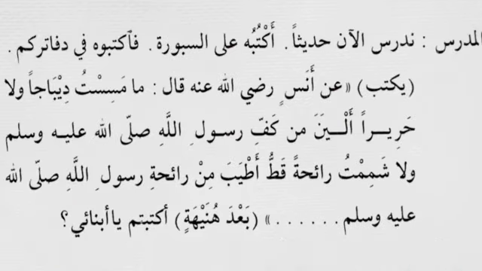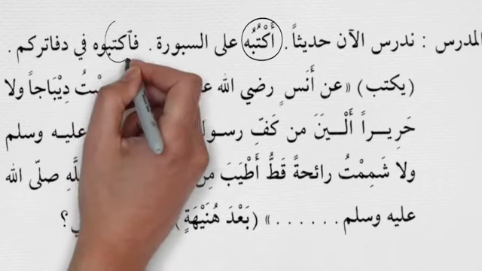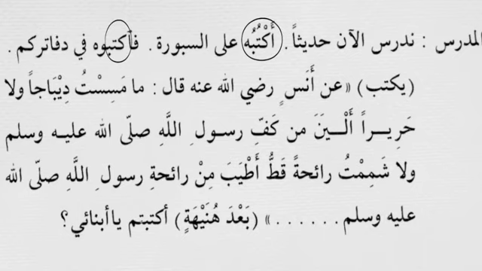So Al-Mudarris now says, Nadrusul an hadithan. So we're going to read a hadith, we are also going to learn a hadith. So aktubuhu ala as-sabbura. So I'm writing it on the blackboard. So faktubuha. So here aktubu is a fa'il mudari marfu'un bi damma. So here fa is your atf.